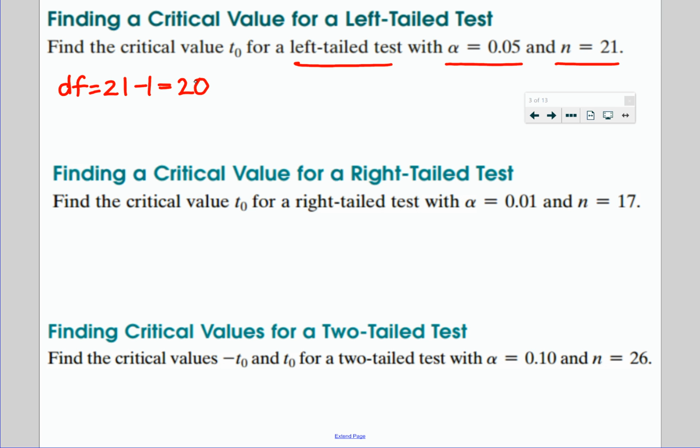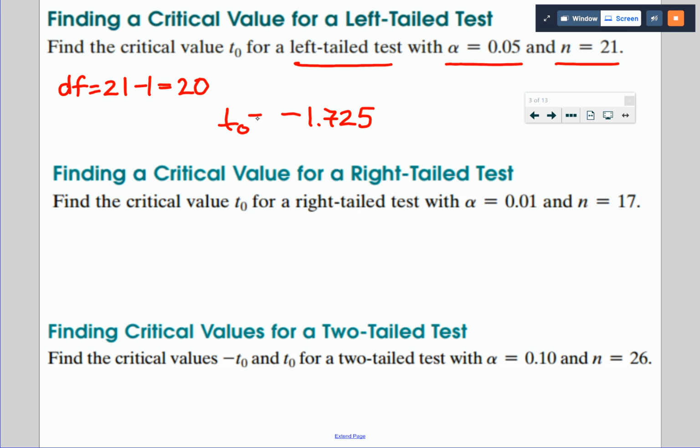Looks like I've got 1.725. Everybody see that all right? Now, because it is a left tail test, we're going to use the negative because remember this value that we're seeing is to the left of our mean if it's a left tail test. So negative 1.725, and that would be your critical value of T sub 0.